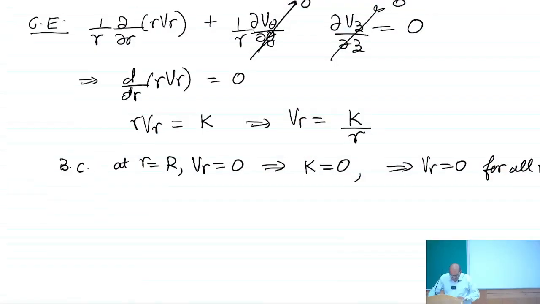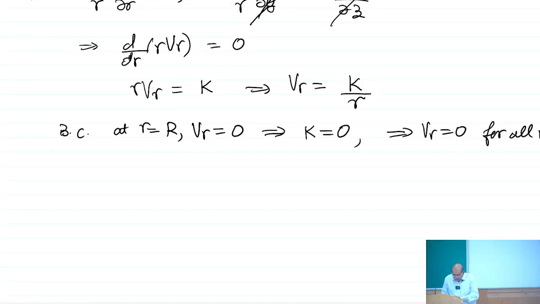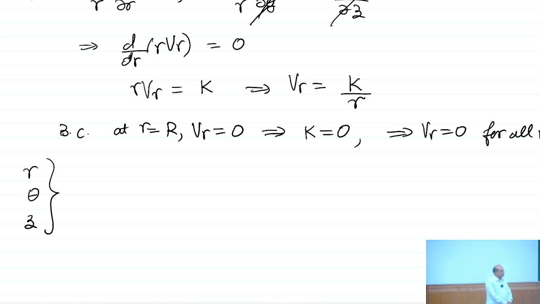So we get Vr is 0. Now we have the three equations r, theta and z. Which equations do you think we should go for first? We should go for the two velocity components which we know are Vr and V theta, both are 0.